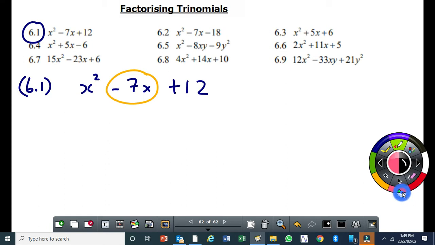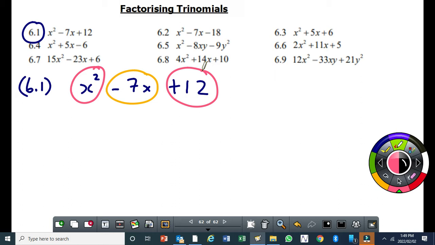I'm going to repeat that. The middle term of any trinomial depends on the correct combination of factors of the first term and the last term. So if you get the factors of the first term and the factors of the third term right, then you must choose the appropriate combinations that will give you the sum which is equivalent to the middle term.